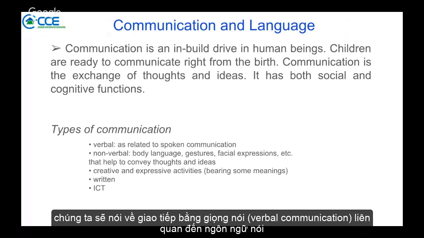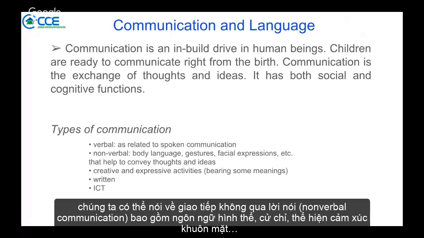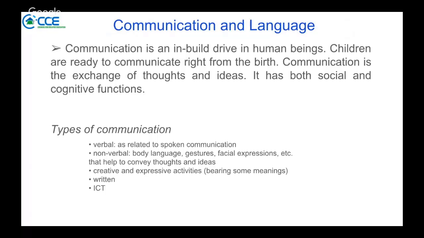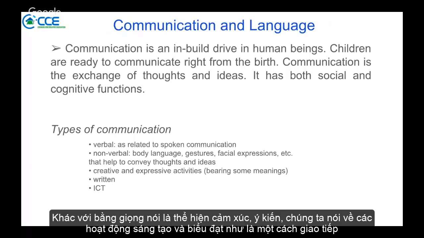We can talk about verbal communication, which relates to the spoken language, to actual talking, speaking. We can talk about non-verbal communication, involving body language, gestures, facial expressions. So other than verbal ways to express your thoughts and ideas.